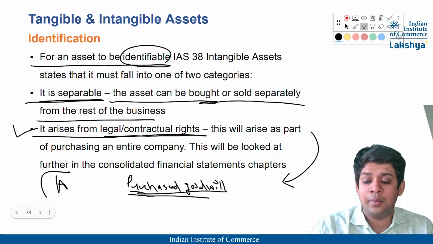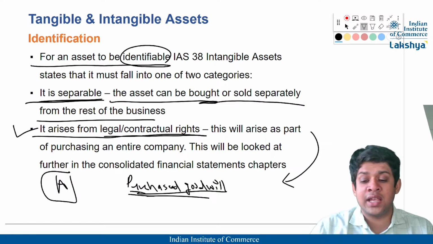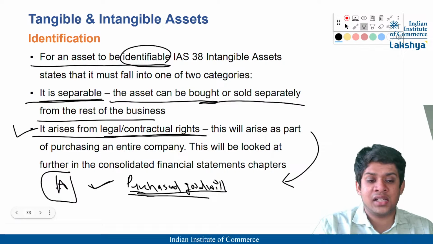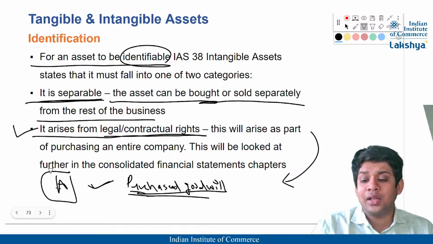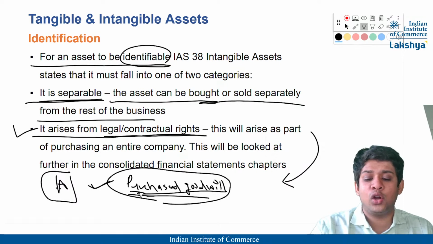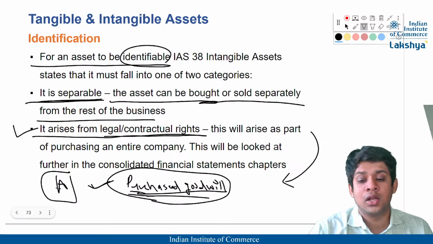Company A purchased another company, and at that time purchase goodwill arose because they paid something over and above the net assets that they acquired. So purchase goodwill will be recognized as an intangible asset, but it cannot be sold separately.